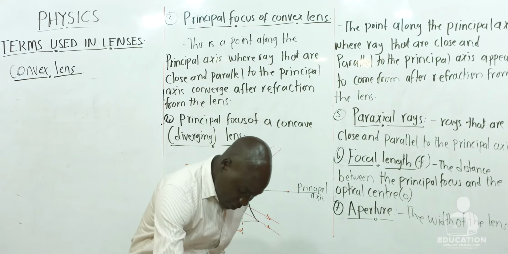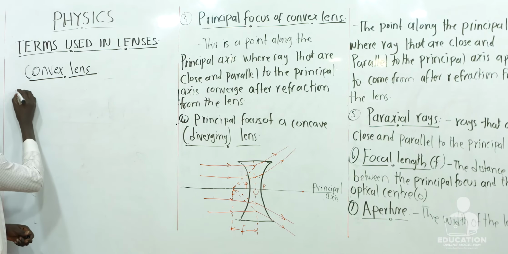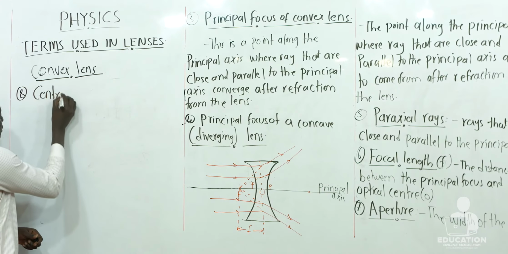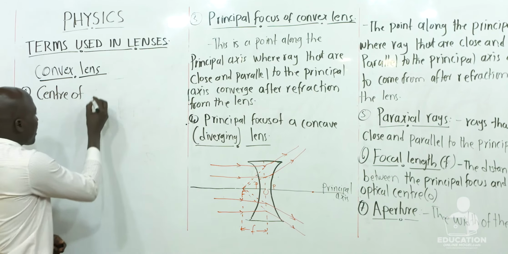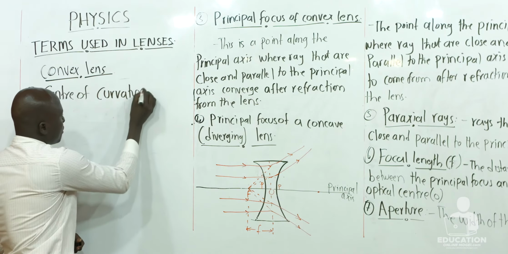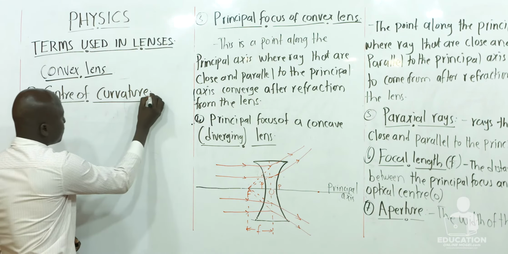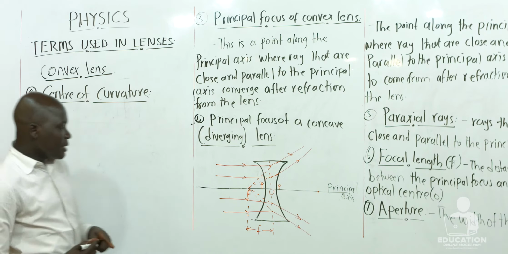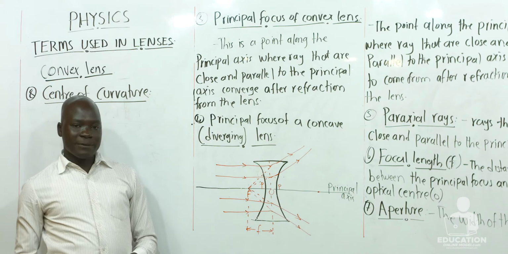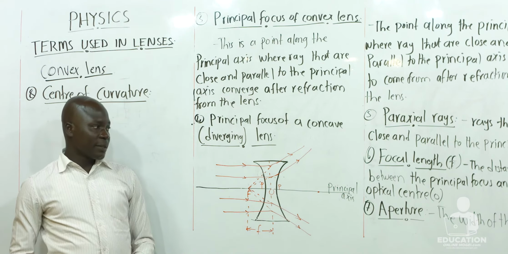The next term that we have is center of curvature. That is term number 8, center of curvature. Now, lenses are always cut from spherical surfaces.